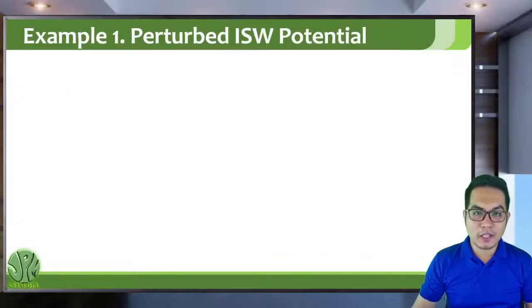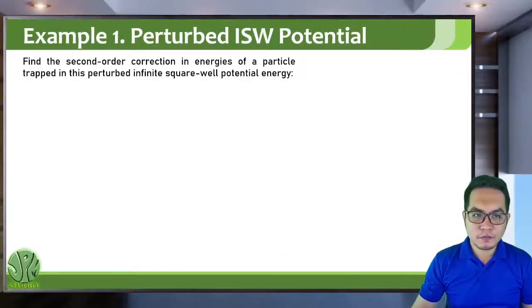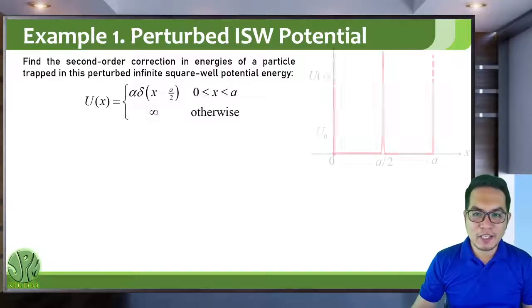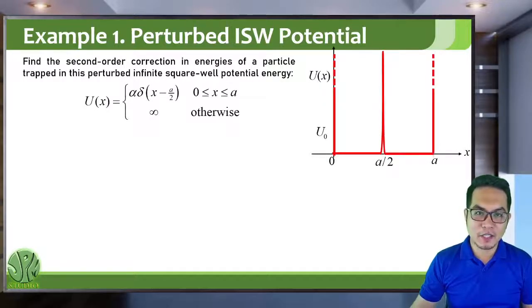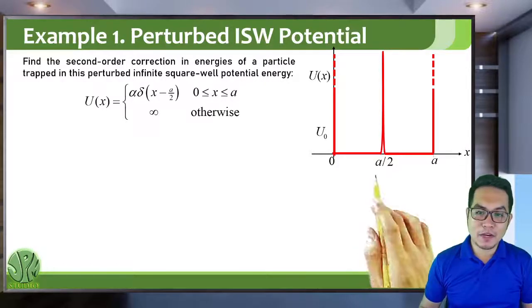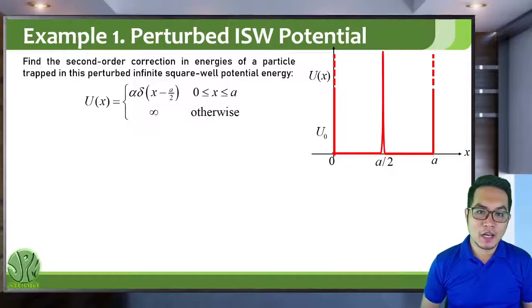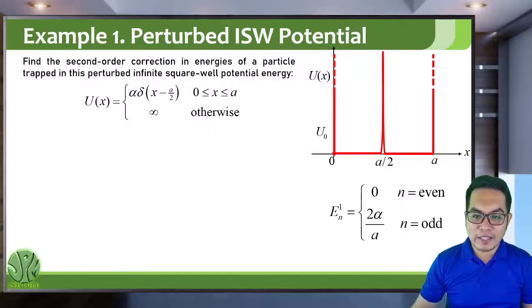So let's go directly to an example. We have this example from the previous lesson. You have a perturbed infinite square well potential where there is a delta function at the center of the infinite square well. Now we already have obtained the first order correction in energy for this case.